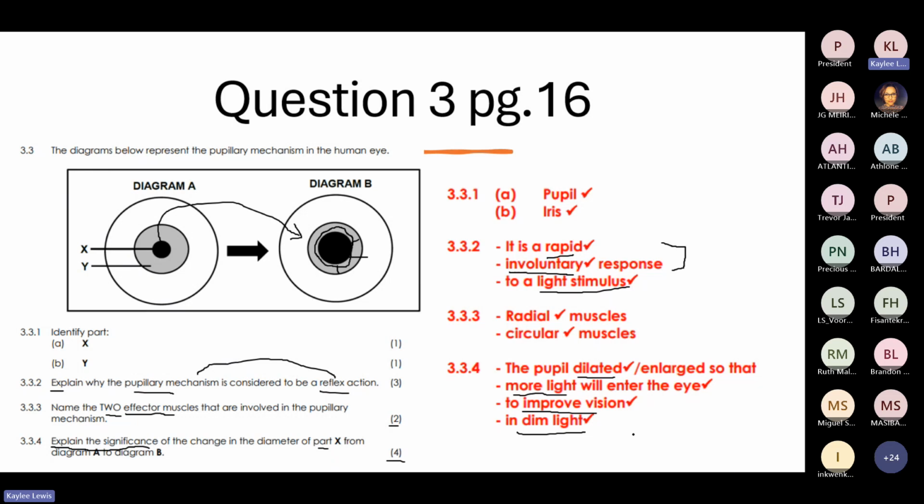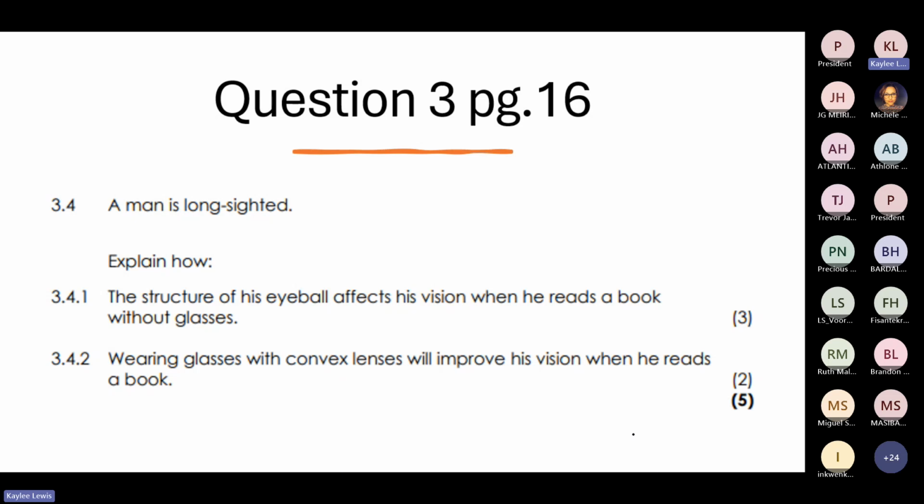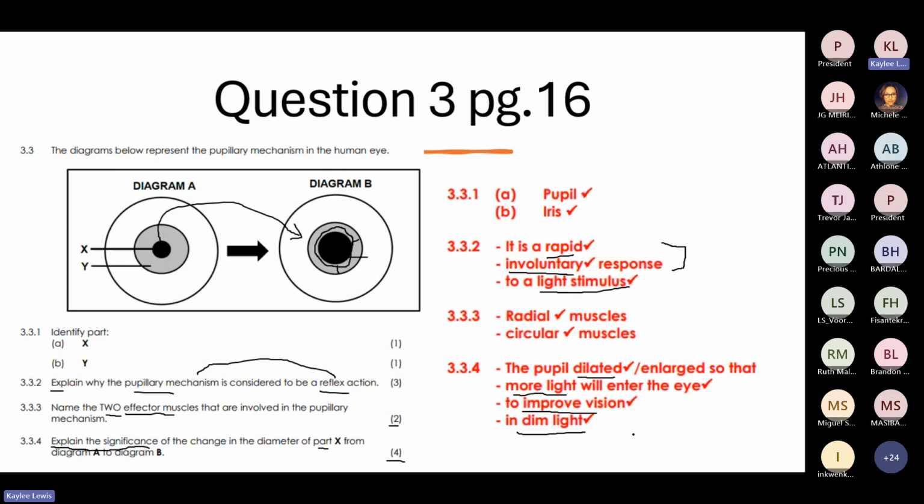Okay. So let's go on now to question 3.4. I'm going to give you 5 minutes to do it. So this is a question you're doing. I think it's still on page 16, 3.4. I'm just going back here in case anyone needs to still copy down the answers. So 5 minutes to do the next question.